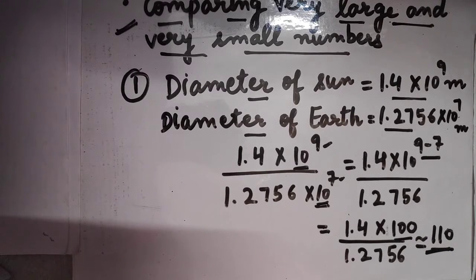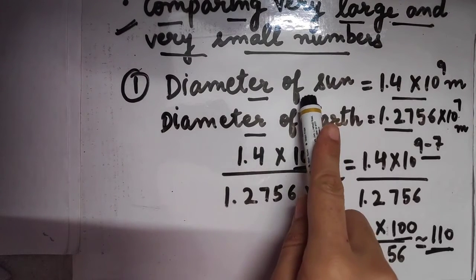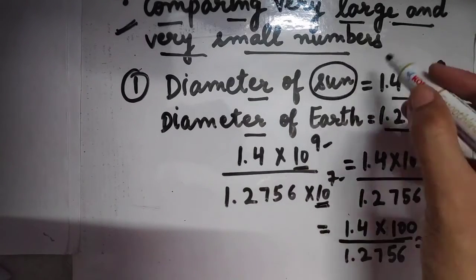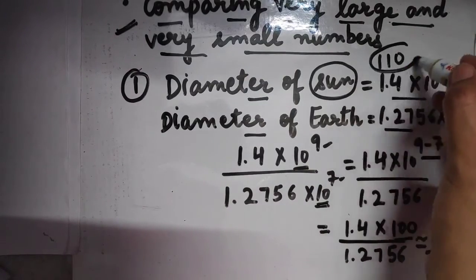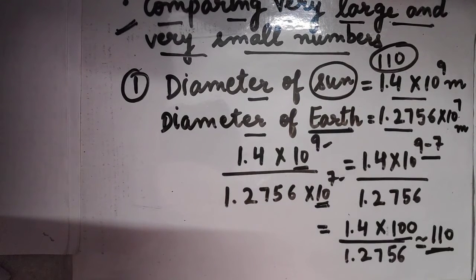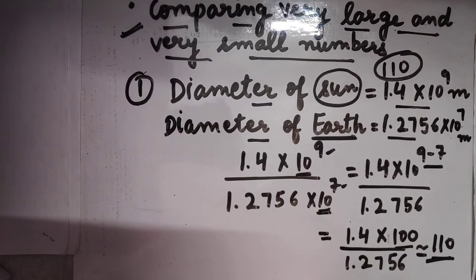So we can say that diameter of sun is about 110 times diameter of earth. Hence, we can say that sun is 110 times larger than the earth. So I hope you have understood how to compare the numbers, very large and very small numbers.